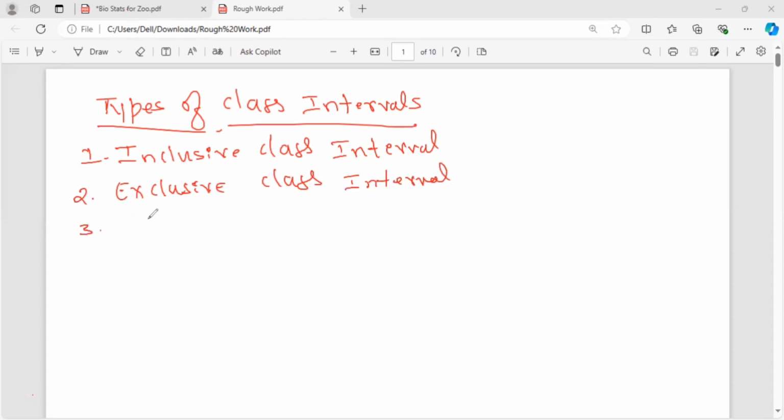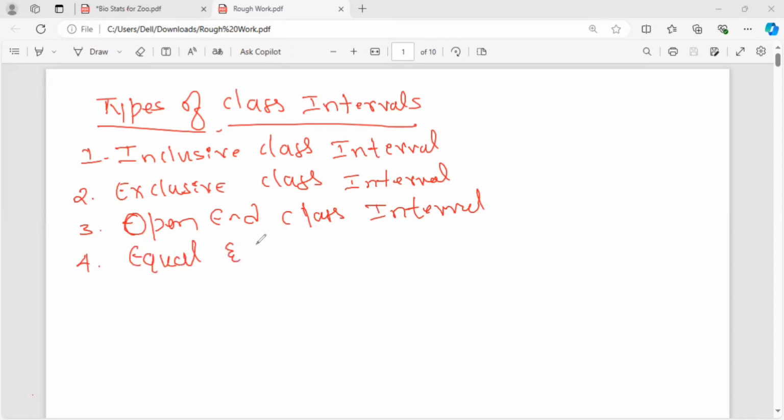Third one, open end class interval. And the fourth one, equal and unequal class interval.